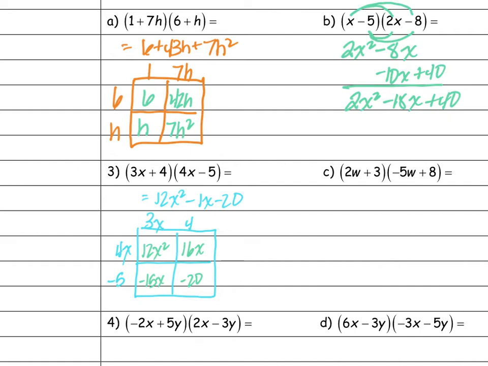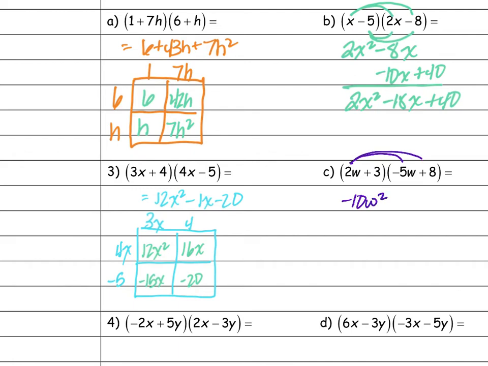Nice, Jonathan. Okay, great. Distribute, right? 2W. Oh, why do I always do that? Okay, 2W times negative 5W is negative 10W squared.